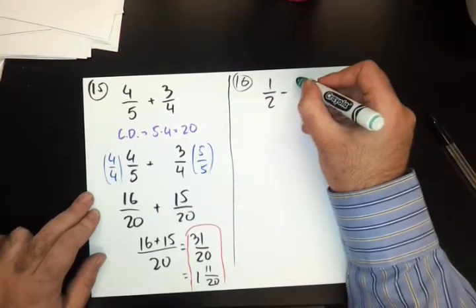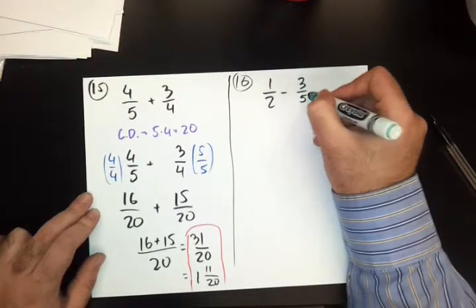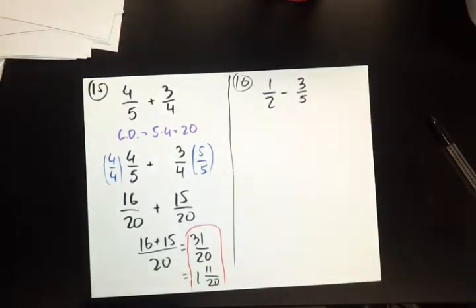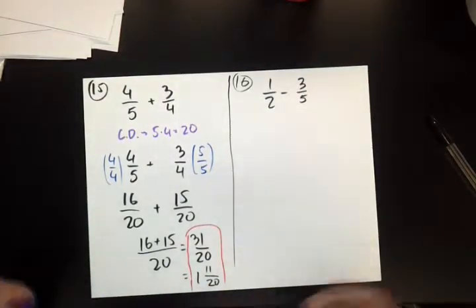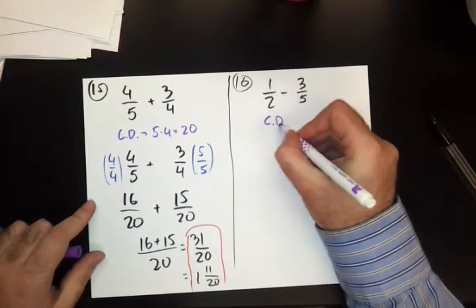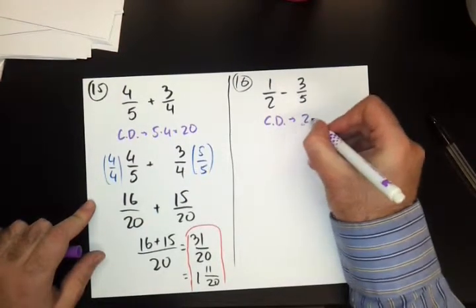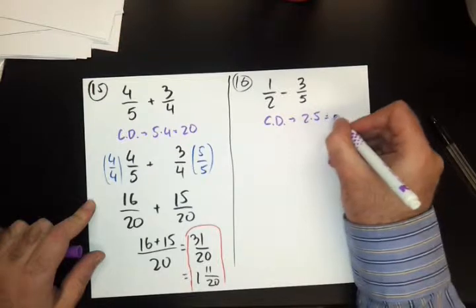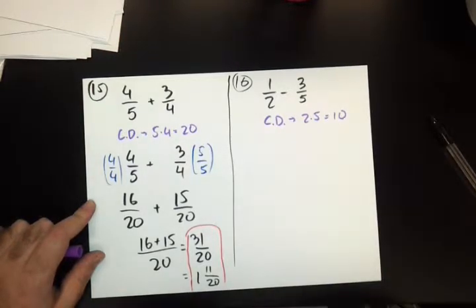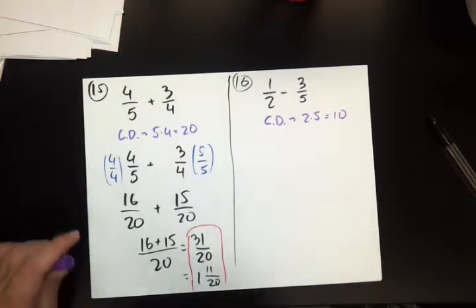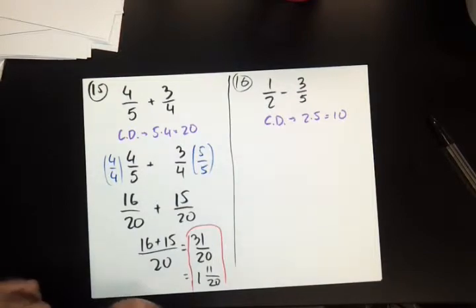1/2 minus 3/5. Same deal as before. 2 times 5, which is 10. And that's the smallest, method 1 here is the best way to go. So I'm going to rewrite my two fractions here.